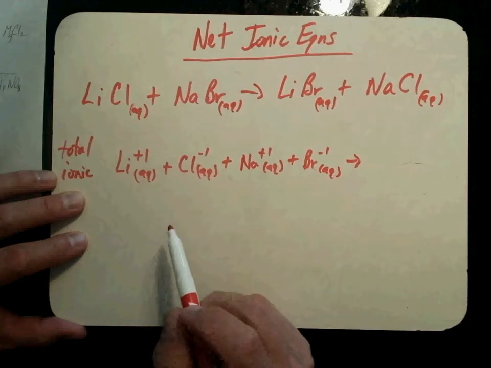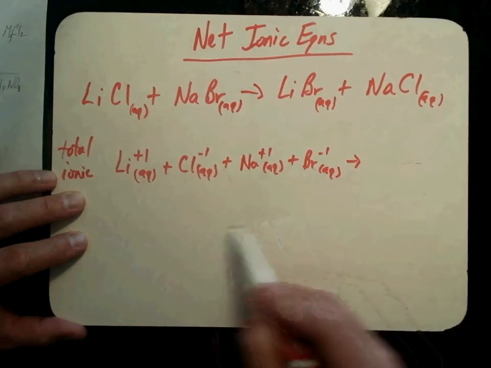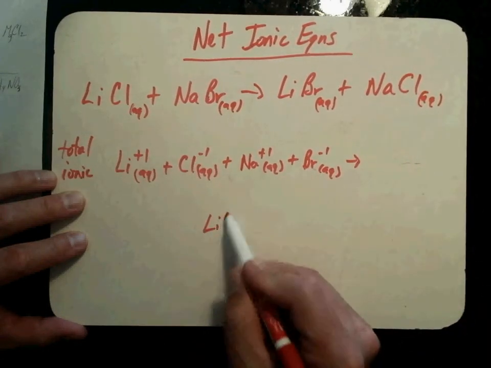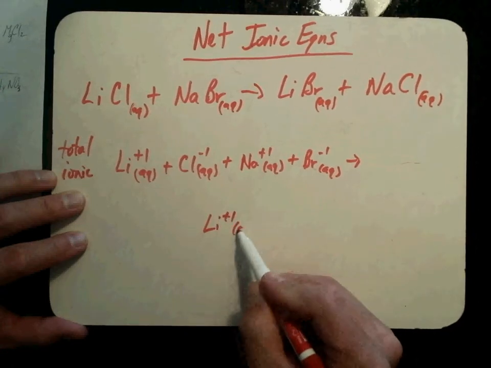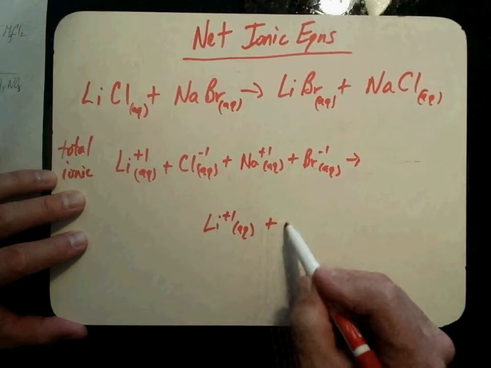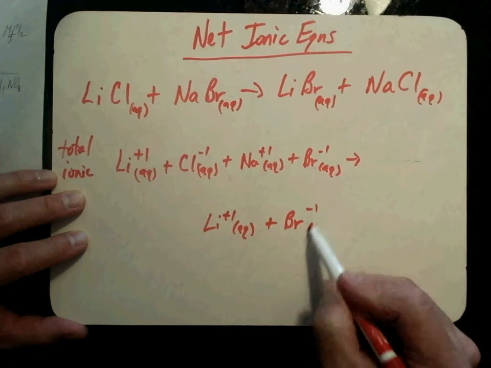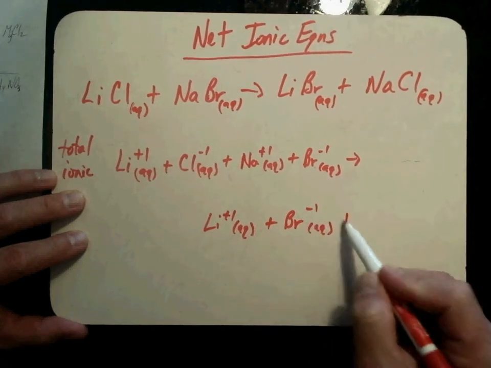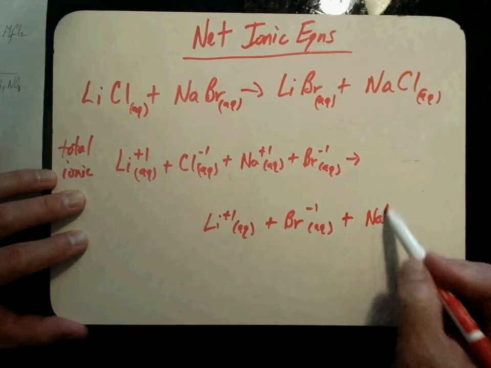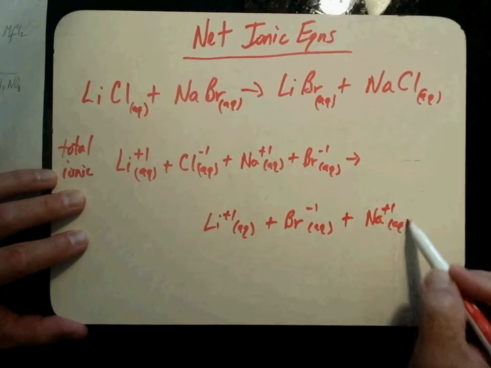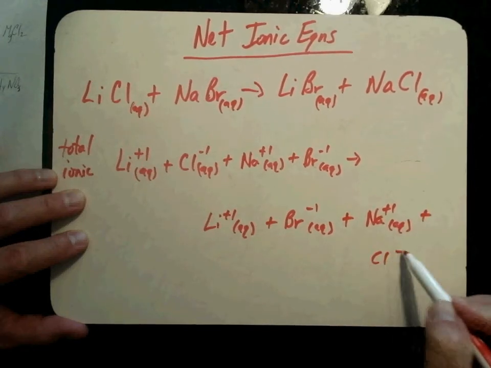So after the arrow, now I don't have room, so I'm going to write it here. I get lithium plus 1, aqueous, plus bromine minus 1, aqueous. And I'm going to have sodiums plus 1, aqueous, and chlorines minus 1, aqueous.